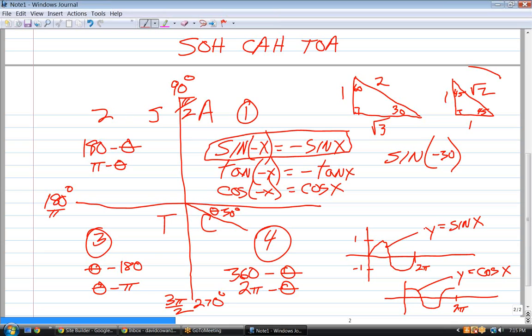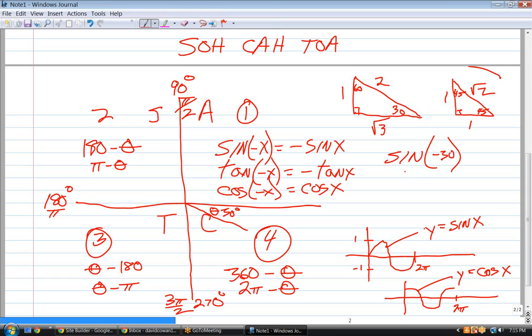So it's negative 1 over root 3. Negative 1/2. It's always the opposite over the hypotenuse. Yeah. Okay? Now, if you didn't know these 3, there's another way to do this. It's just an extra step or 2.